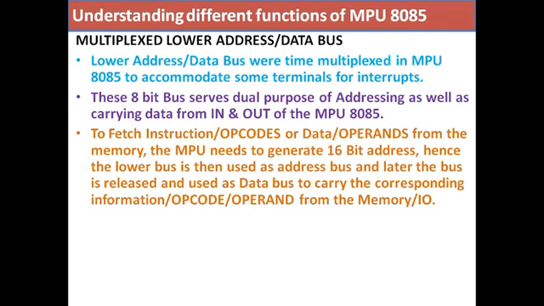But since the lower order address bus is time multiplexed, we need to demultiplex that bus so that on the first T state of a machine cycle, the addressing is done through those 8 bits, and in the later half data can enter the microprocessor through the same bus as the data bus.